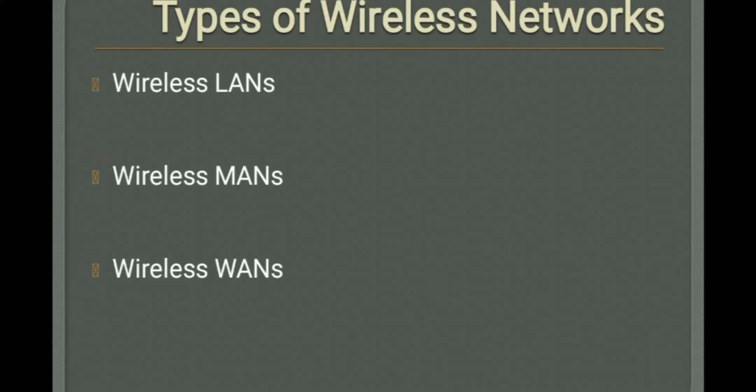A larger coverage area or a group of LANs together would make your WAN. I think you're already very clear about the area to which LAN, MAN, and WAN can expand. The same thing applies here, but for wireless, the area is not the same as that of your wired network.